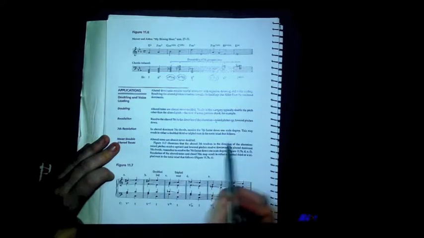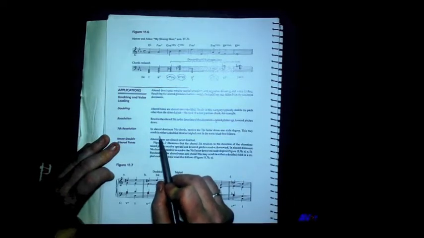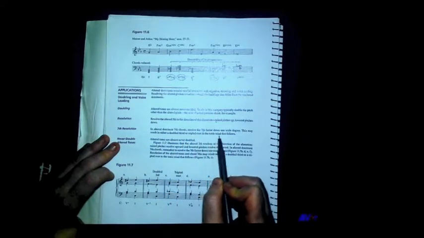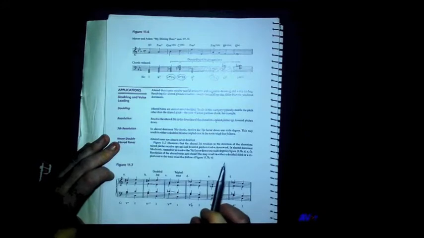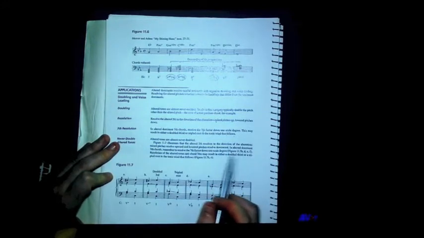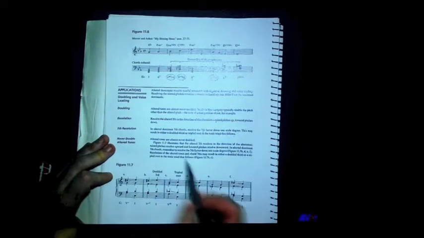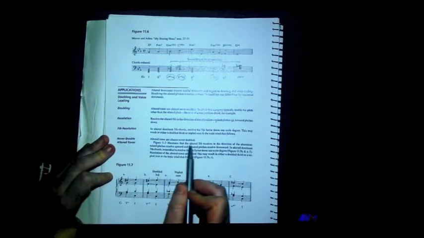Okay? And this may result in either a doubled third or tripled root in the tonic triad that follows. And that's okay. You can have triples, as long as it's the root or the third. Totally cool. So, altered tones are almost never doubled.